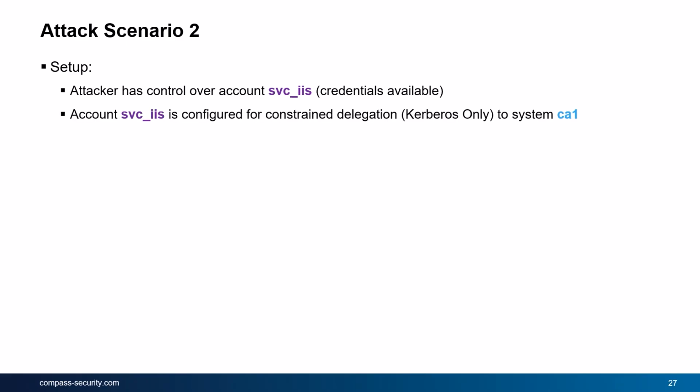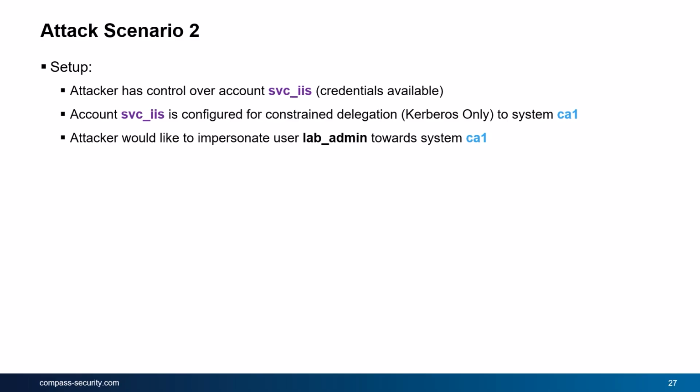And this specific account is again configured for constrained delegation to our target backend system CA1 using Kerberos only mode. So that means technically we would require a user's presence to abuse this delegation rights. What we would like to achieve is eventually to impersonate a user lab admin towards this backend system CA1.